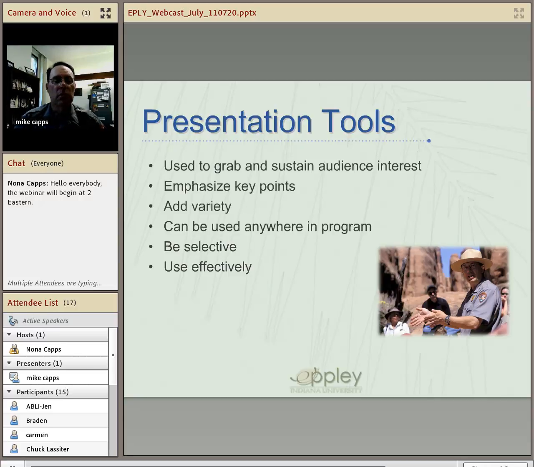Once you're actually involved in doing the program, there are a number of tools that you can use. Presentation tools. These are going to vary from program to program. You may not use them all the time, but you can use things like forecasting a little bit, maybe something that's coming up later on your tour.